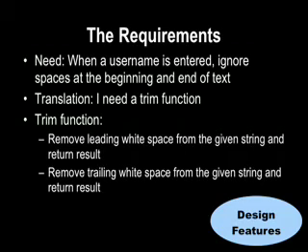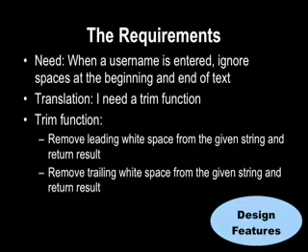And so if we're going to go for a practical example here, somebody comes along and says, when a username is entered, ignore spaces at the beginning and the end of the text. So you as an engineer say, okay, what that really means to me is I need a trim function, because I need to ignore the white space at the beginning and the end. It probably just makes sense to strip it out.